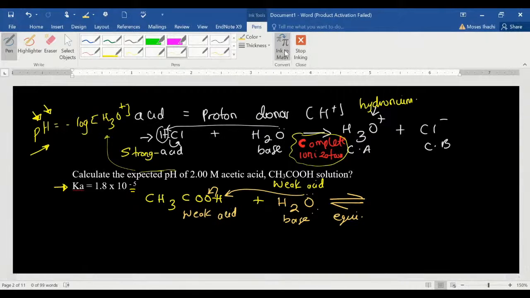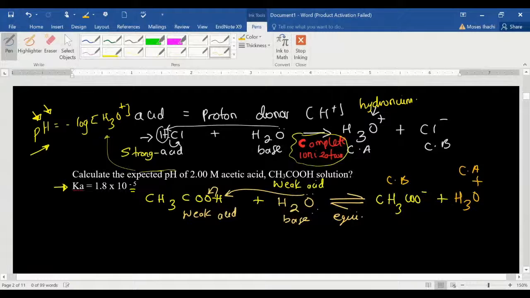What you're going to get is the conjugate base from acetic acid after it lost the proton, and of course you're going to get hydronium. So this will be the conjugate acid, and this will be the conjugate base that came from the acid.